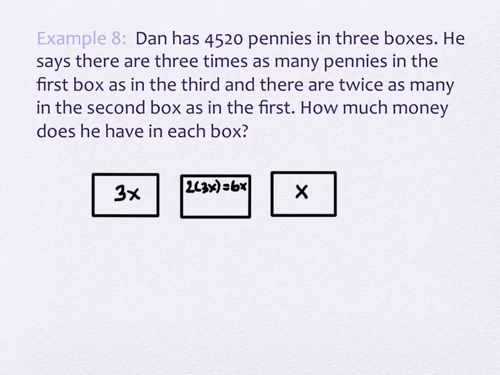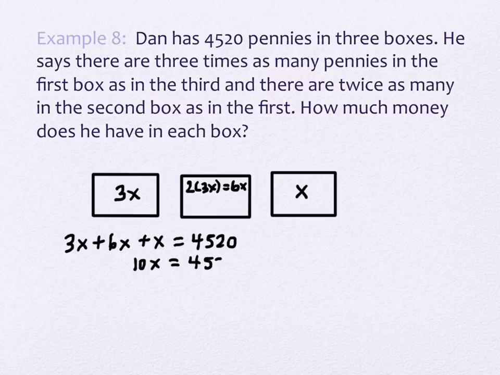All right, so what we know is that all of these pennies add up, and they give us 4,520 pennies in the 3 boxes. So we're going to take all of this and combine it. We're going to take the 3X, the 6X, and the X, and that adds to 4,520. 6, 7, now this is 10 X's on the left, equal to 4,520.